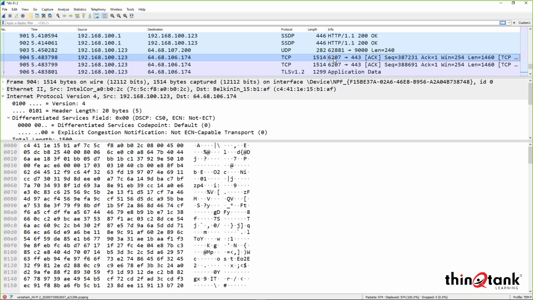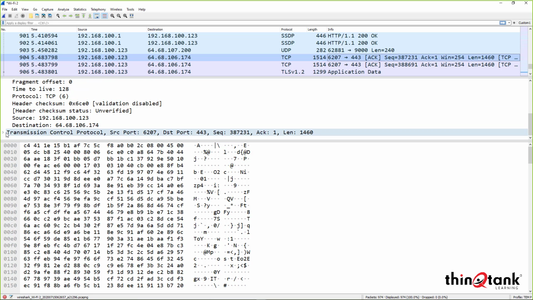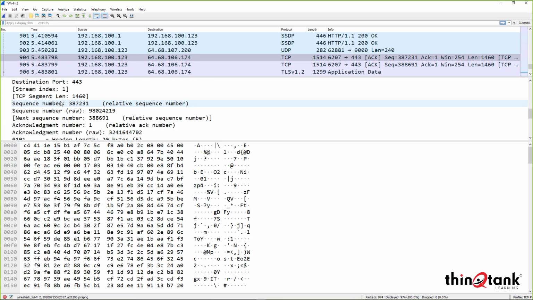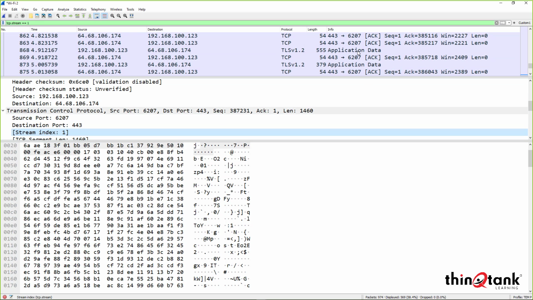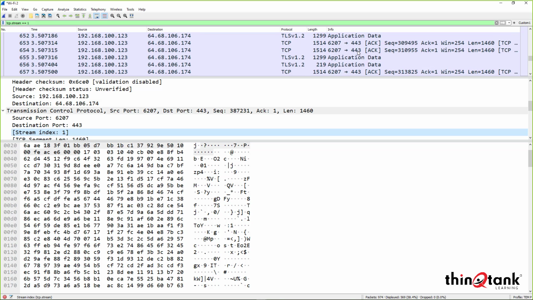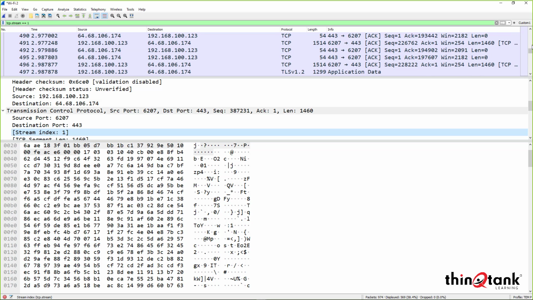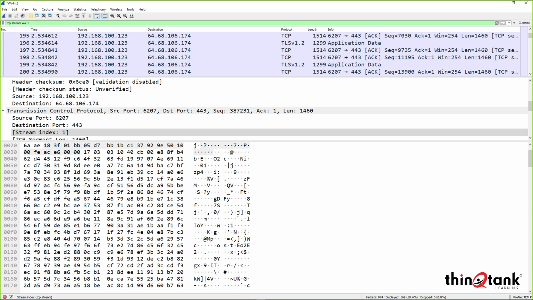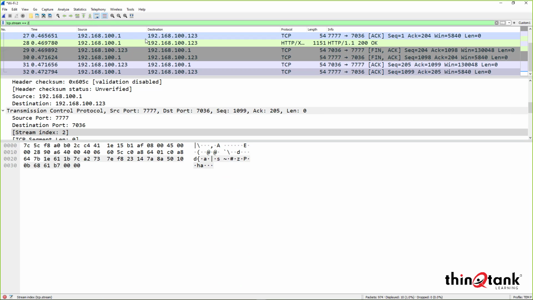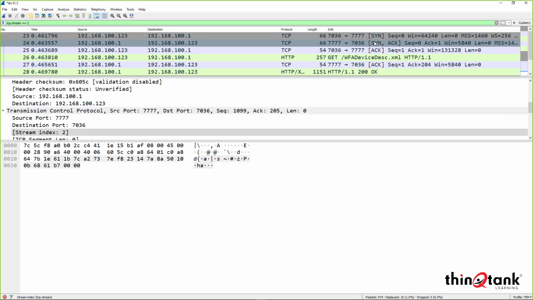Let me find a TCP. And specifically, let me see if I can find a three-way handshake. Do I see a SYN, SYN-ACK, ACK? Nope. Let me try stream index number 2. That's a fan. There we go. SYN-ACK.